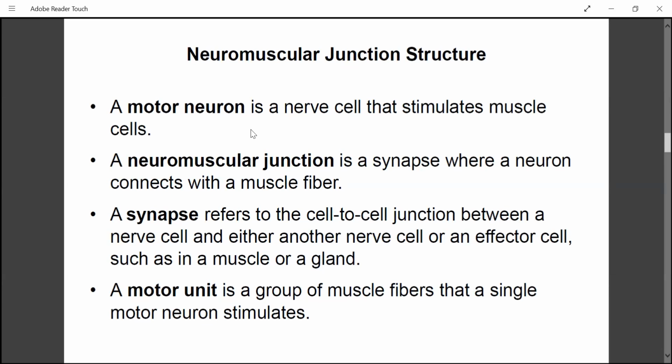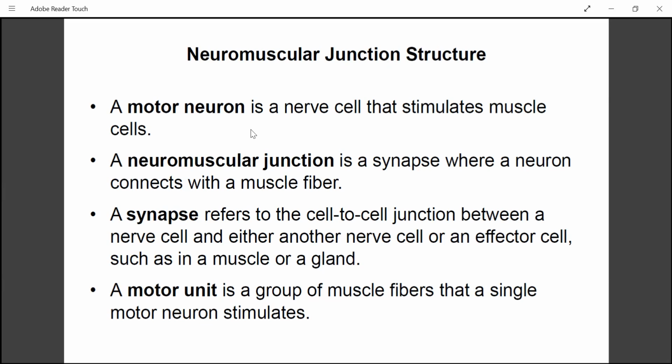For all this to happen, the first thing that has to happen is that our muscle fiber is activated by a neuron. A motor neuron is a nerve cell that stimulates a muscle cell or muscle fibers. The neuromuscular junction is the synapse, or the connection, between that neuron and the muscle fiber. A synapse is a cell-to-cell junction, either between a nerve cell and another nerve cell, or a nerve cell and an effector cell, or the muscle fiber in this case.